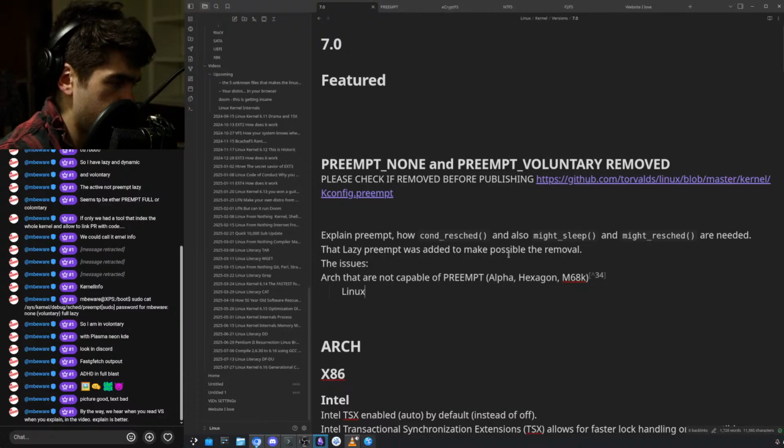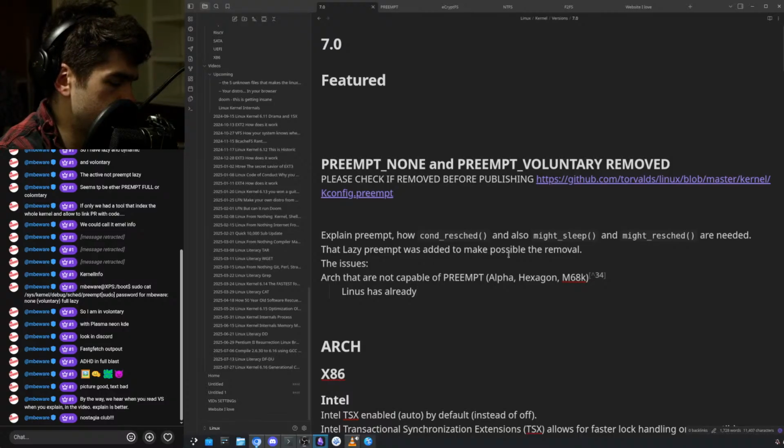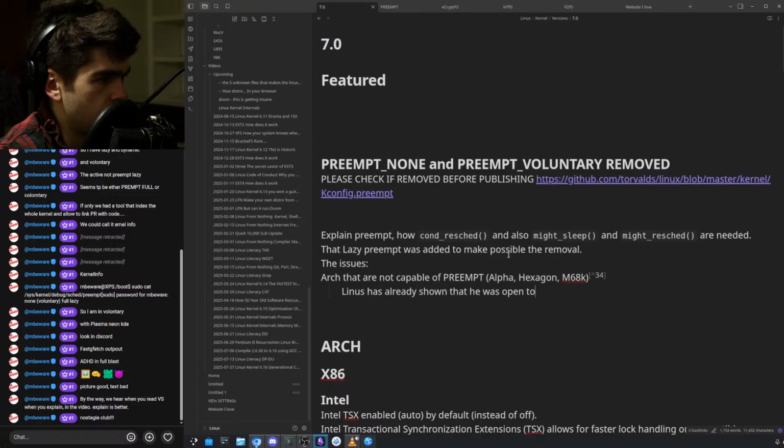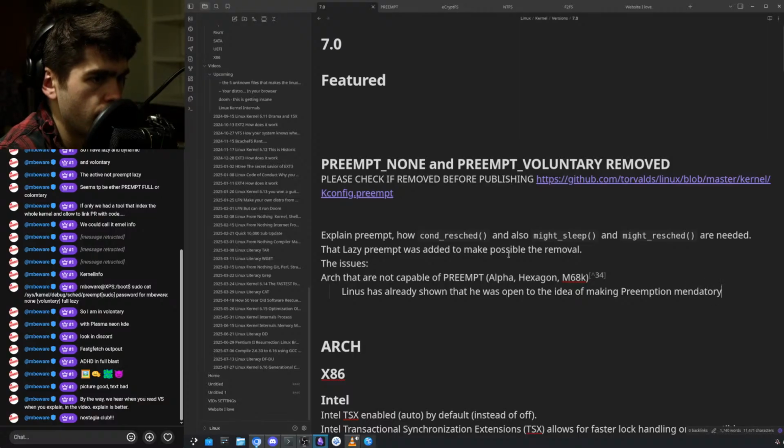So Linus has already shown that he was open to the idea of making preemption mandatory.